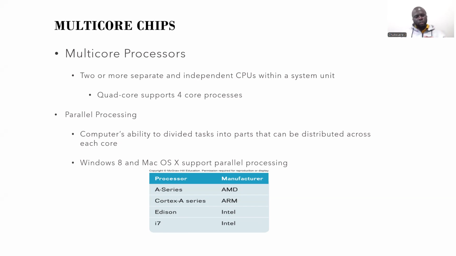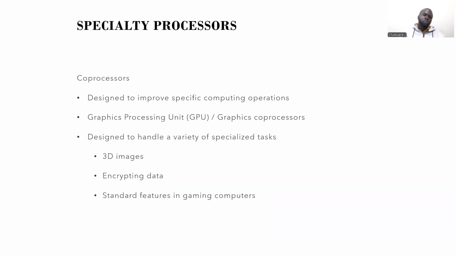That is it. And then also, Windows 8 and Mac OS X support parallel processing, as you can see there, and their manufacturers. Okay, specialty processors, which are co-processors designed to improve specific computing operations, and then also they provide your graphic processing abilities.